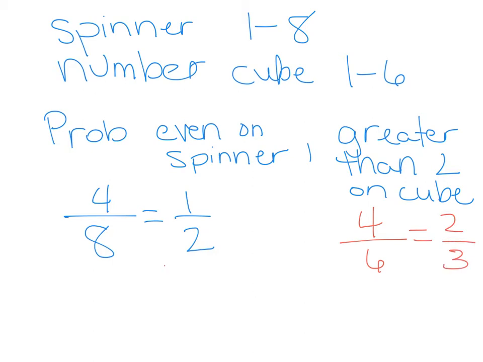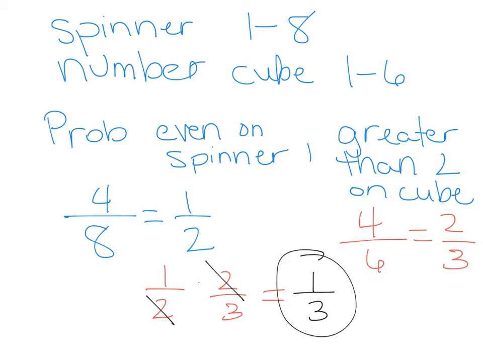So now I have to take 1/2 times 2/3, and I reduce if I can, and I get the probability is 1/3. So we have a 1/3 probability of getting an even number on the spinner and greater than 2 on the number cube. Now those first two examples I just showed you are called independent probability. The first thing that we did not affect the second thing.